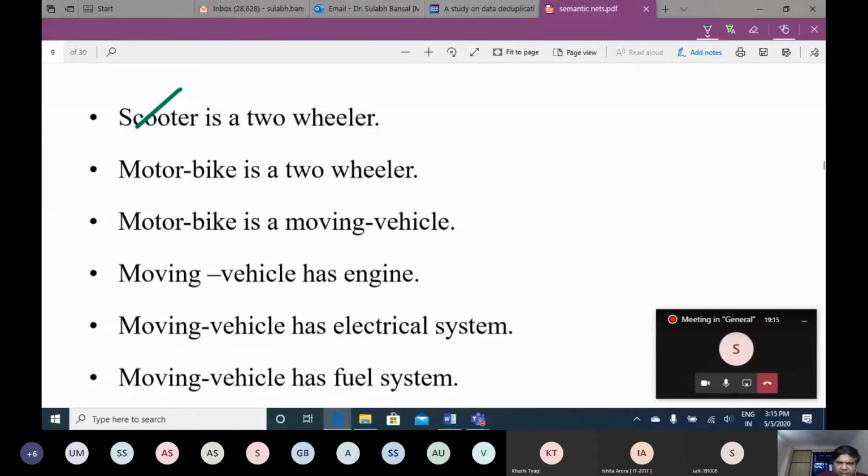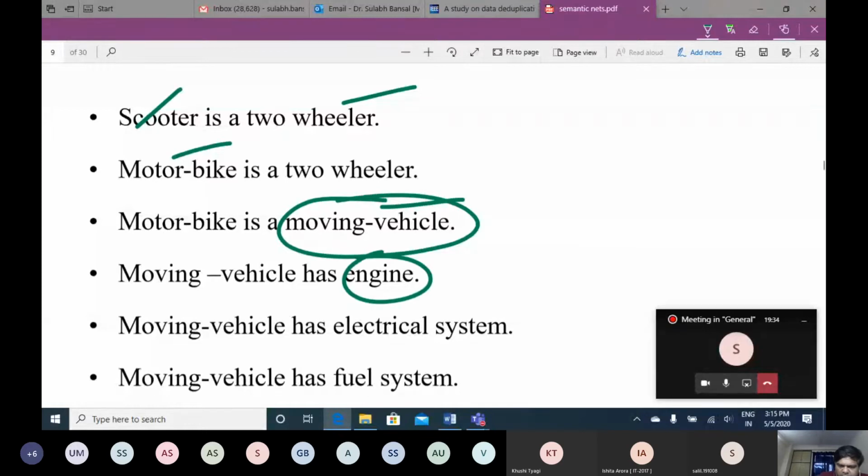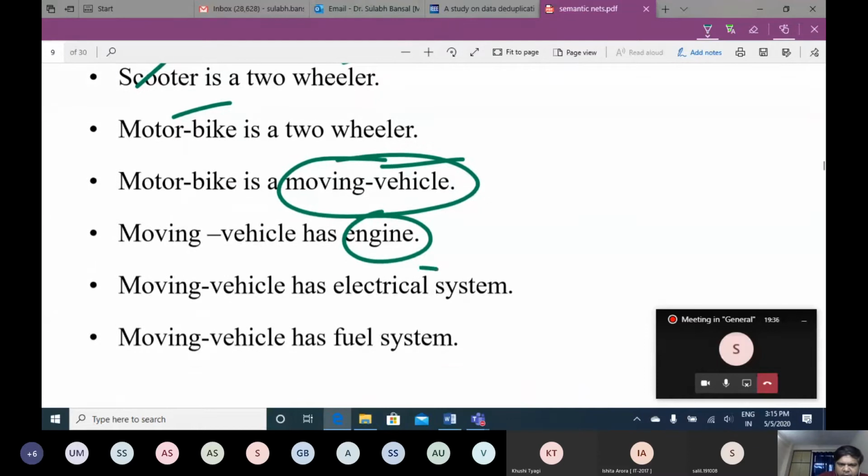So you first identify the nodes in your graph. Scooter is one node, two-wheeler is another node, motorbike is another node. Moving vehicle may be another node, that we have to think. Then engine is another node, electrical system is another node, fuel system is another node. Moving vehicle has to be a node which is linked to these systems.